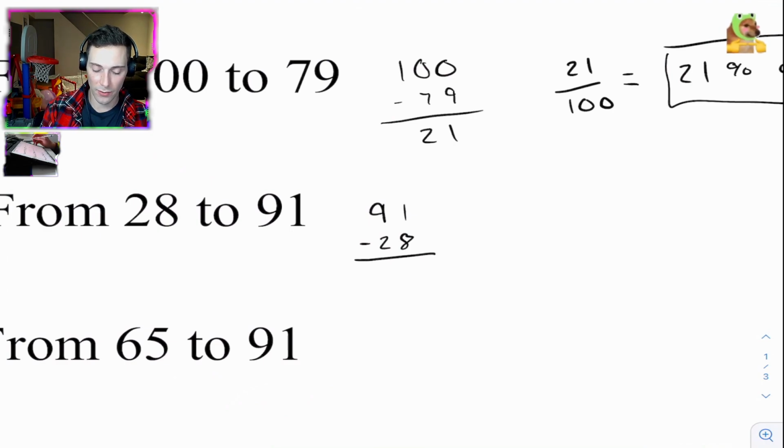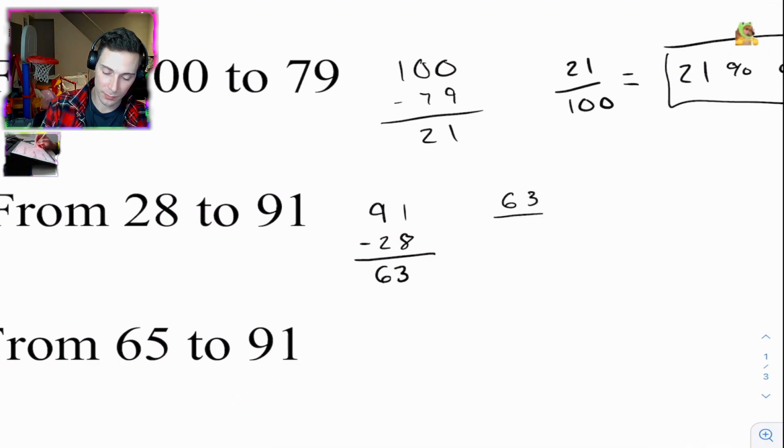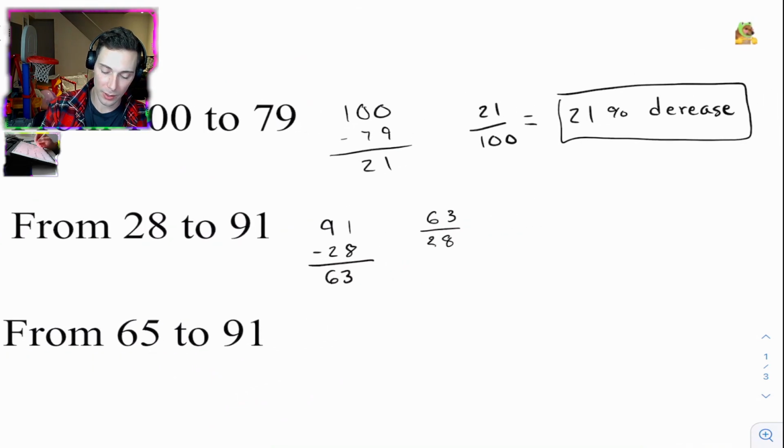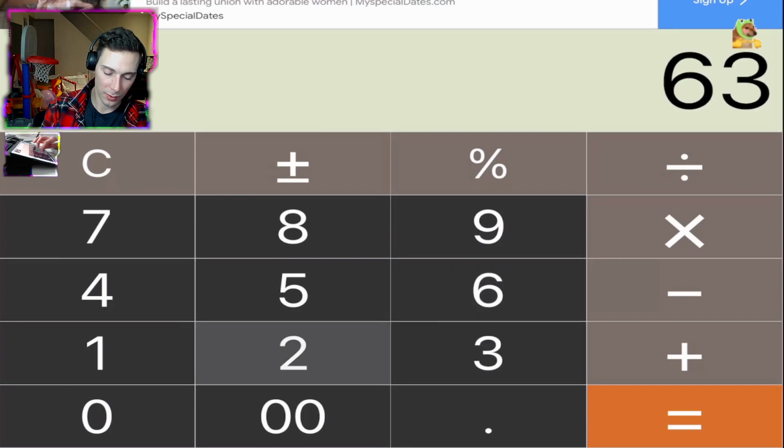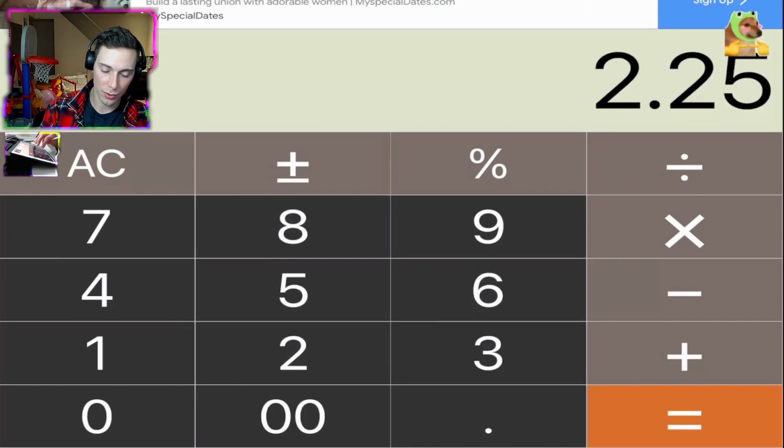So that's like 71 subtract 8, which is like 70 subtract 7, which is 63. 63 is our top number, over 28, our starting number. Now we're going to get a pretty large number here. 63 divided by 28 is equal to 2.25.